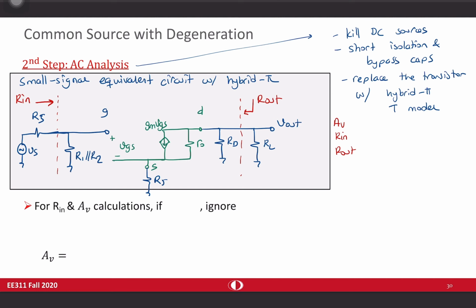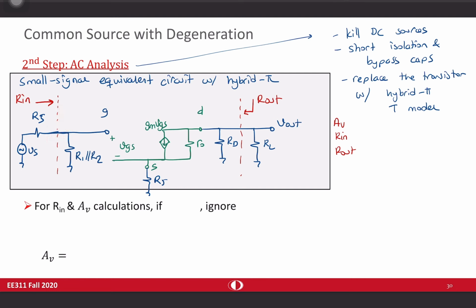Okay. For the Rin calculation, I'm looking from here, and it's obvious it should be R1 in parallel with R2. But no, I cannot say that. Yeah, it's going to be directly equal to R1 in parallel with R2. But if you are somehow not sure about this result, what you should do is apply a test voltage Vx in here, pass a current through here, and find the equivalent resistance by Vx divided by Ix.